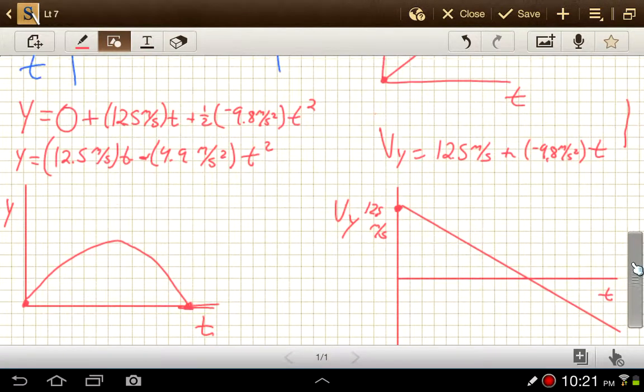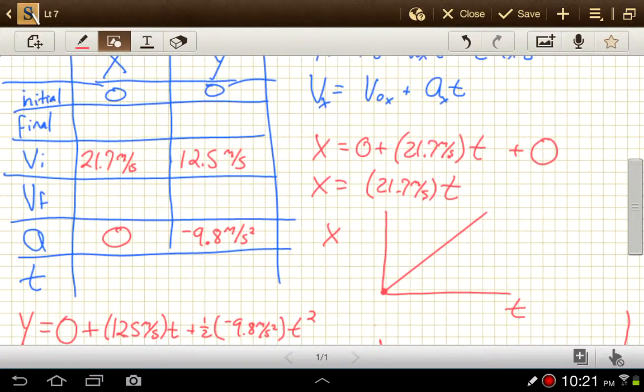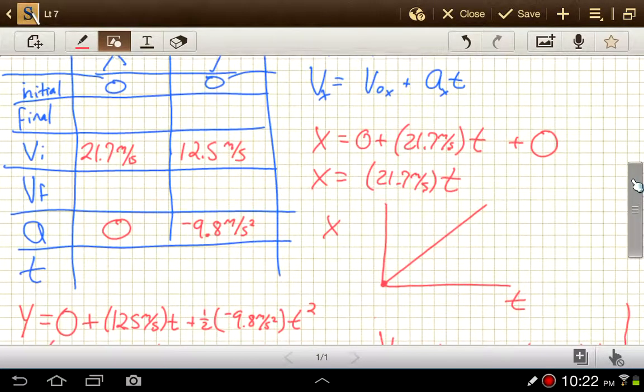So the velocity for the x I got rid of, but position for the x is a straight line with a positive slope if we have a positive starting velocity, or a negative slope if we have a negative starting velocity. The velocity in the x direction is just a constant value, so it's that horizontal line.